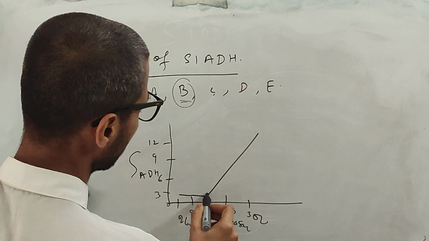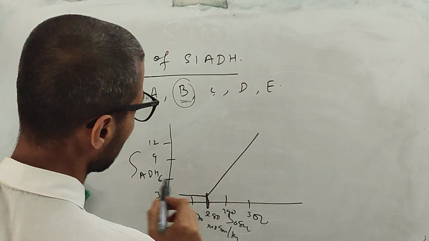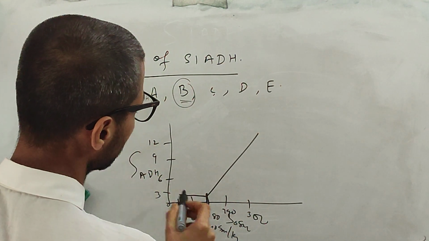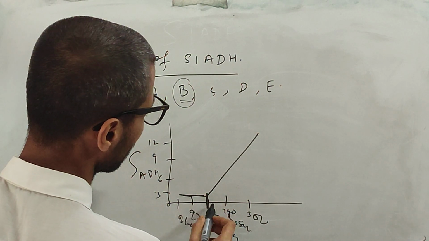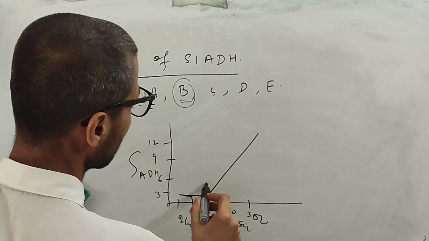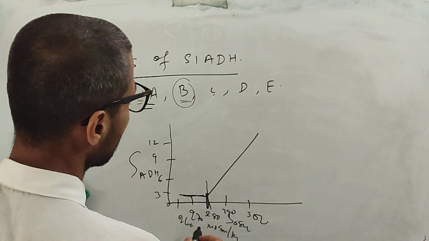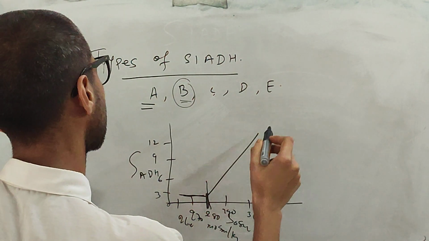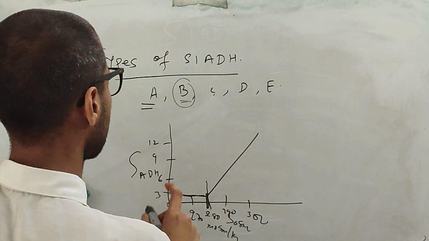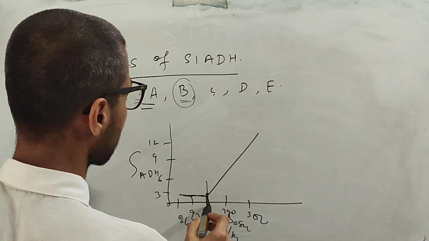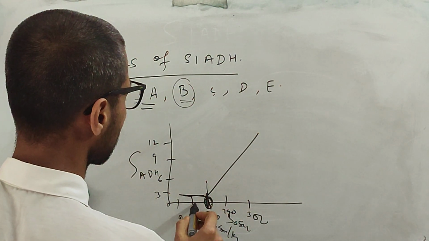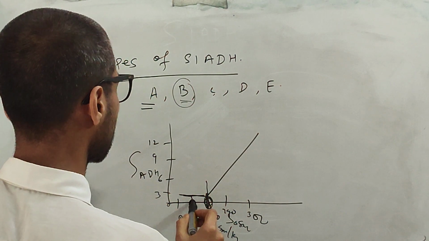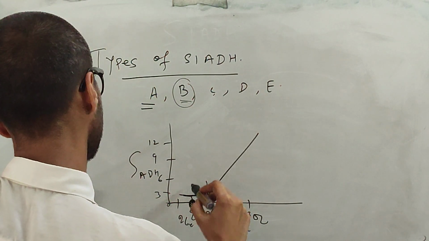Then when it falls below 280, the serum ADH is inhibited, so there is a low amount of ADH. But when osmolality increases more than 280, there is a sharp increase in serum ADH. In type B SIADH, this osmostat is shifted to the lower side. Let's suppose the osmostat is shifted to 270.